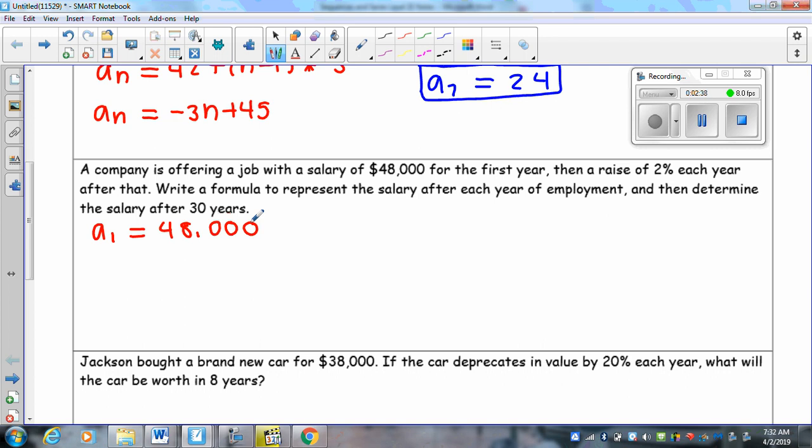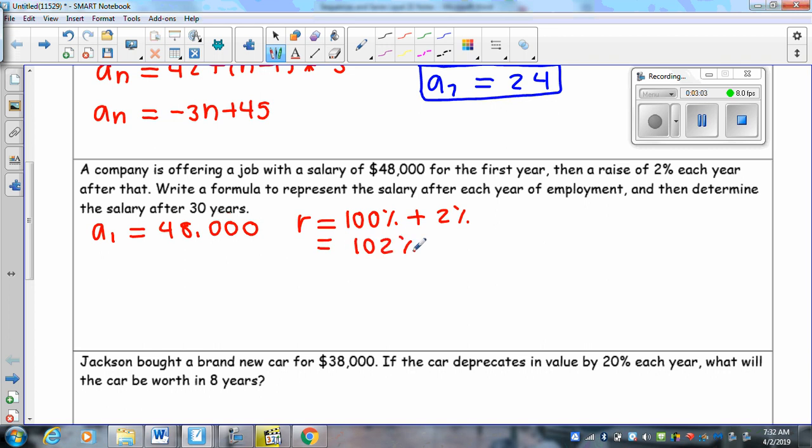Okay, so that word of, remember, that means multiply. So if I'm multiplying, this is geometric. Okay, so my R value is going to be a little different. If we're raising 2% each year, think about it. You want the 100%, you want your full salary plus another 2%. Okay, so our R value is 102%.